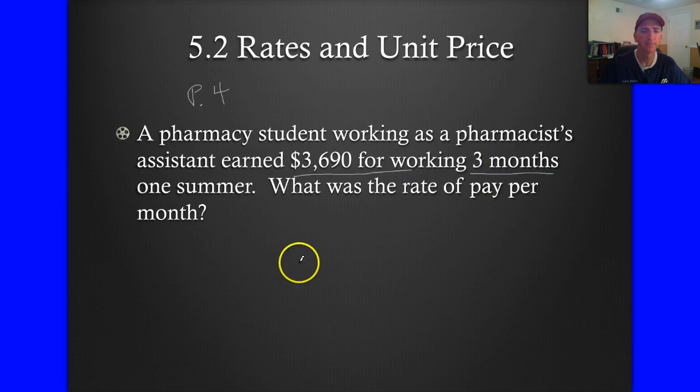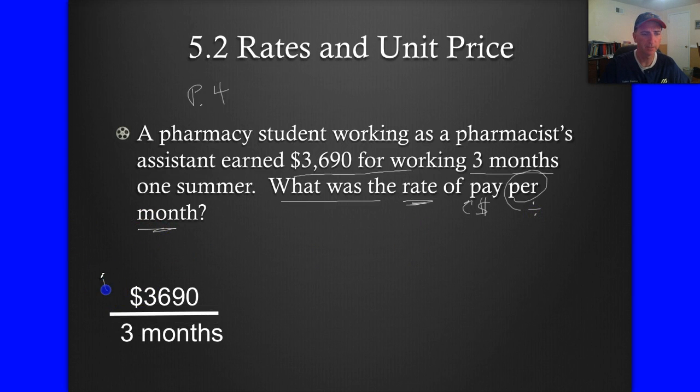The question goes on to say, what is the rate of pay per, there's your key word, there's your divide, pay per month. Okay, so easy. We're going to put the pay, because it said pay, per, which is divide, and then months.